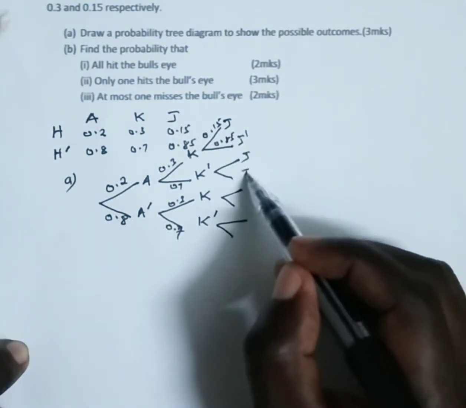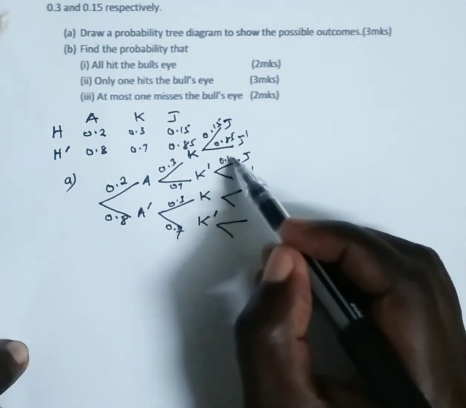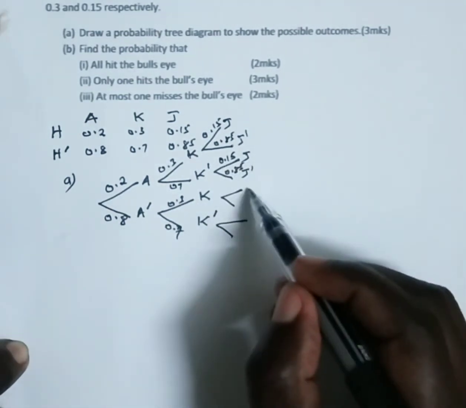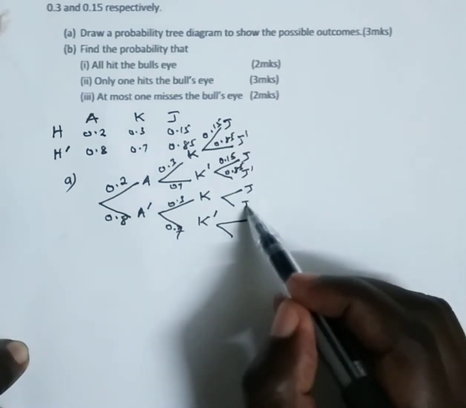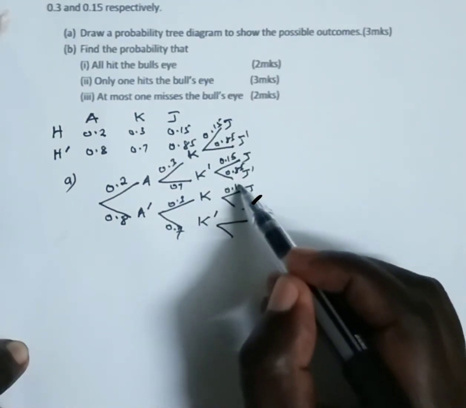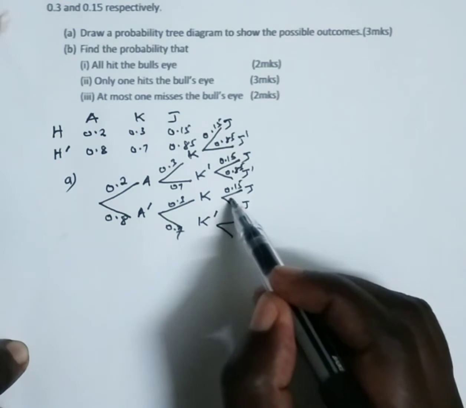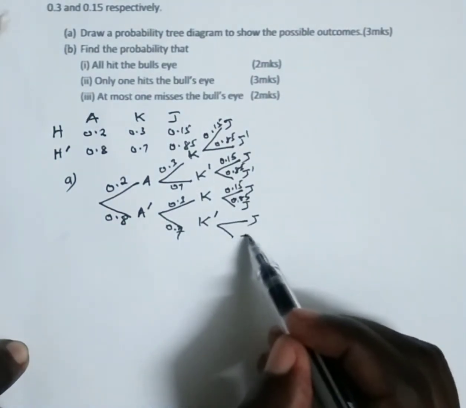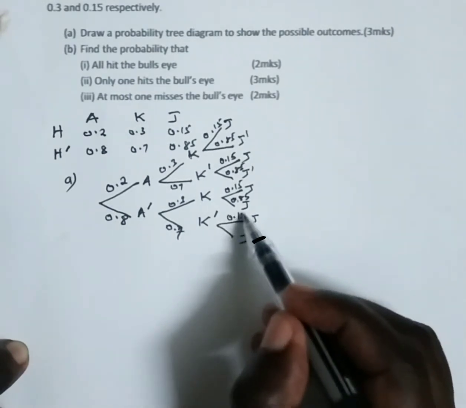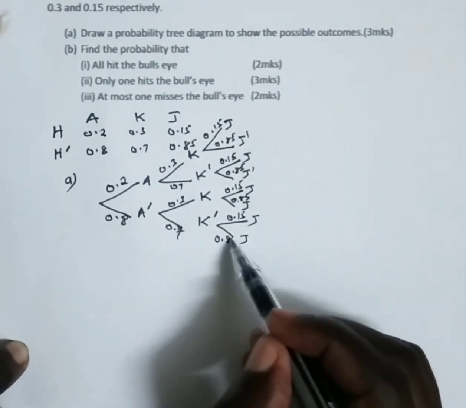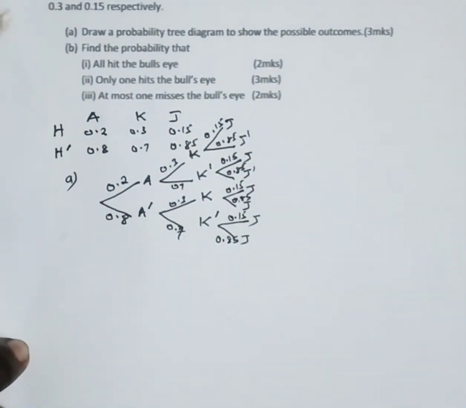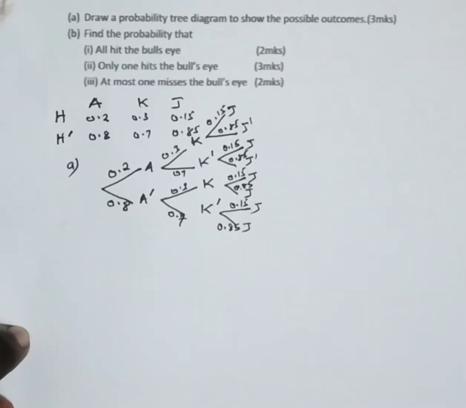This is repeated for each of the four pairs, Juma hitting 0.15, Juma not hitting 0.85, for us to get 3 marks for drawing the probability tree diagram.